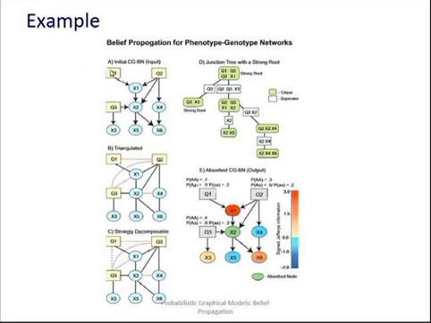So the first thing is you take your input. This input is actually your graph. And there's some things that have to happen. We call the first step triangulation. And in that step, what's different is that the directionality of the edges is dropped and the parents are married.